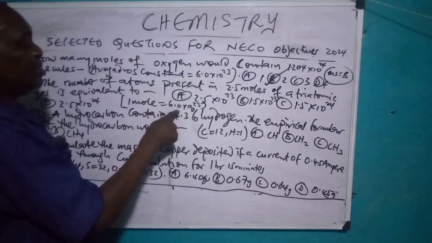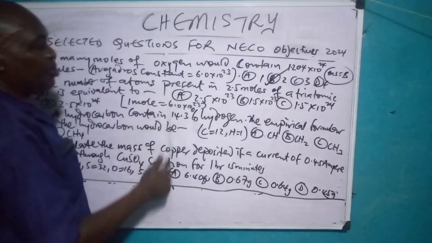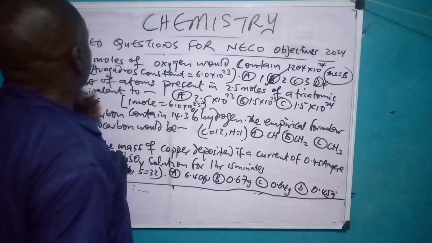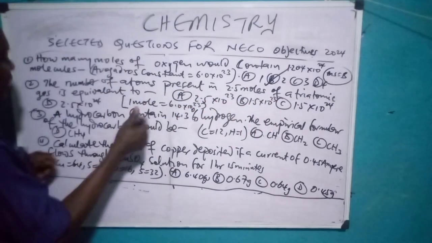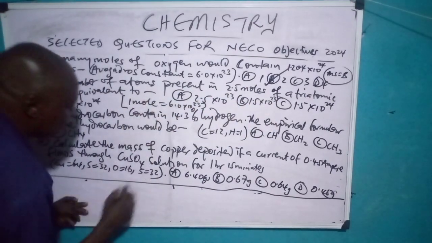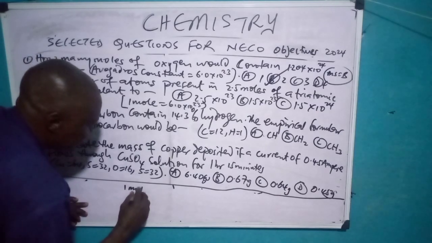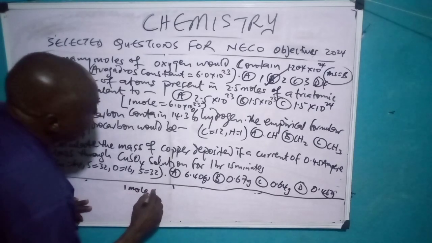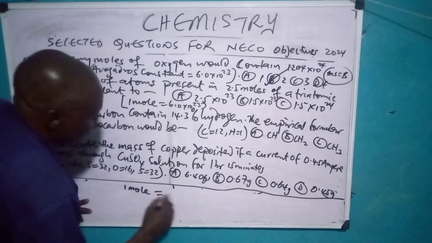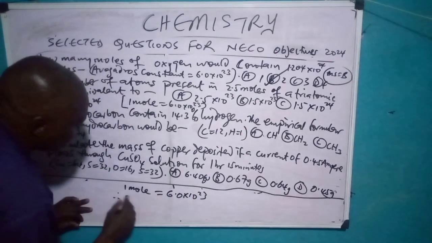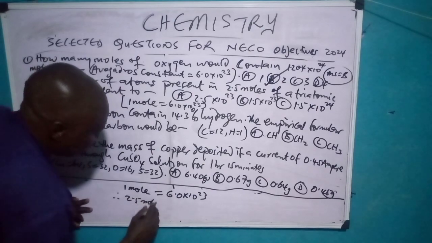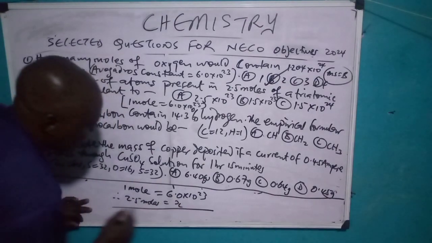Everything is the same thing as Avogadro's number. So the question says the number of atoms present in 2.5 moles of a triatomic gas. So you say 1 mole, similar to what you just did, 1 mole of a triatomic gas is 6.0 times 10 to the power of 23. Therefore, 2.5 moles equals S. Still cross multiply.